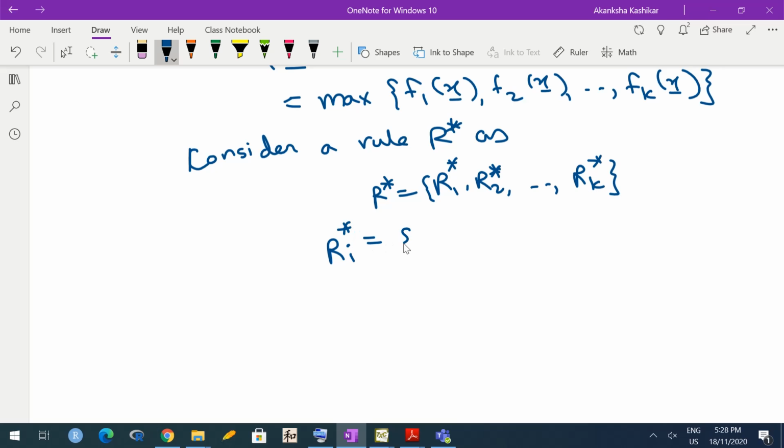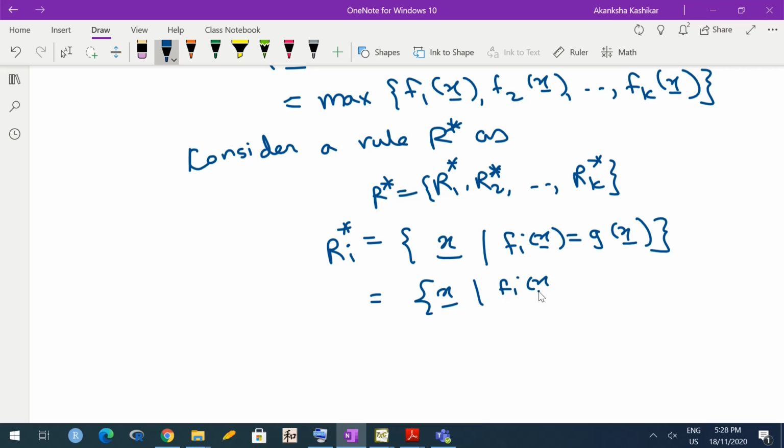In general, Ri star is the collection of all those x for which fi(x) is the same as G(x). It is the same as saying that it is the collection of all those x for which fi(x) is greater than or equal to fj(x) for every j not equal to i.